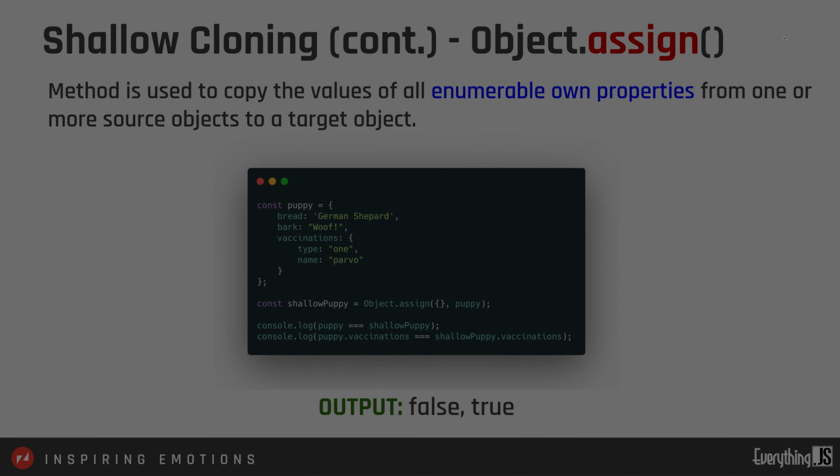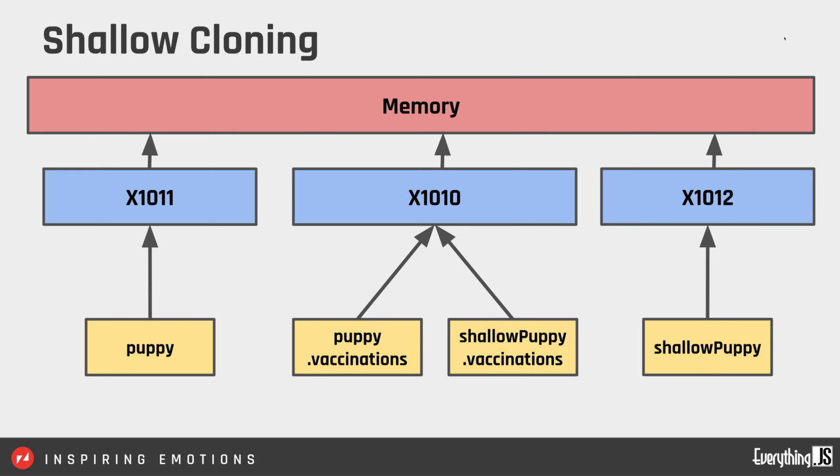This diagram explains it in a nice manner, where you have the puppy object and the shallow puppy. Not like earlier where both of them were pointing to the same memory reference, now they have two memory references, but the vaccinations property in both of these objects points to the same memory reference, because we didn't go to that level of copying.